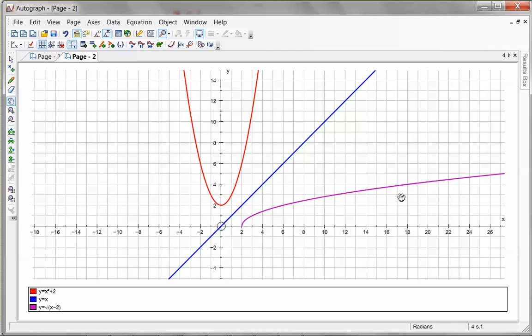A function takes one input and gives one output. So one input can only give one output for a function. I can have 2 inputs give the same output, that is fine, but I can't have one input give 2 outputs.